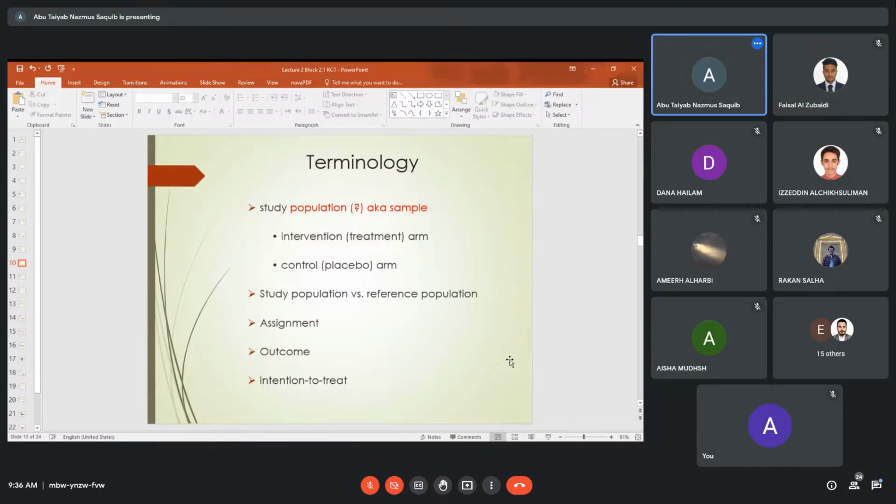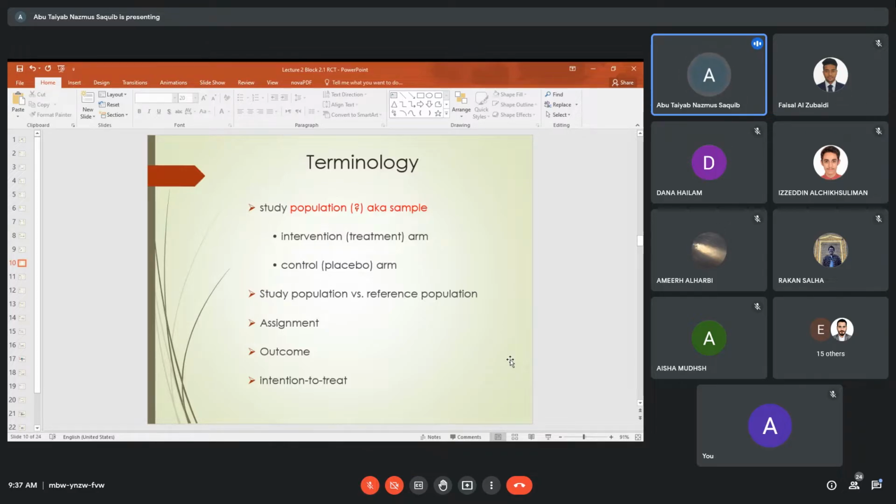Another term that you will come across whenever you read an RCT paper is intention to treat. Intention to treat is a powerful term. A randomized control trial is by definition a longitudinal study.